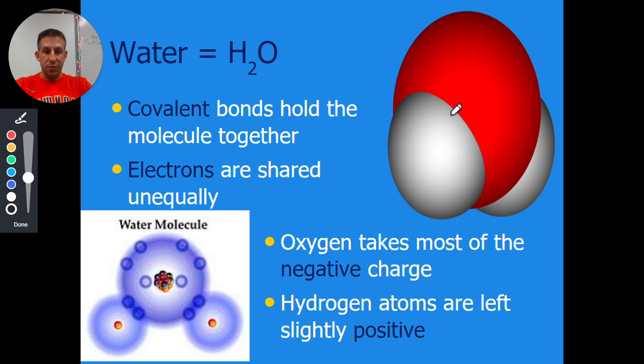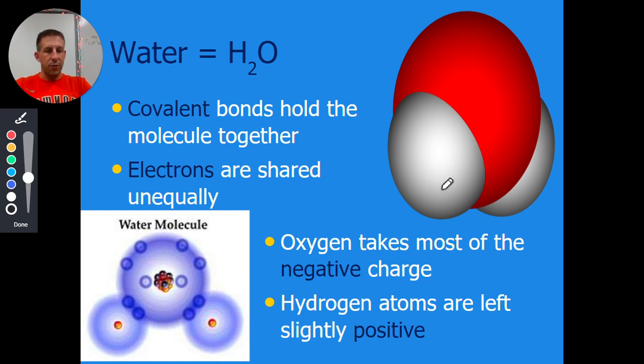And as a result, hydrogen, these little white guys down here with the Mickey Mouse looking ears, have positive charges. So when we see this covalent bond where electrons are shared unequally, it creates this situation where oxygen has a negative charge because it hoards those electrons, pulling them closer to itself as compared to the hydrogen, which doesn't. And so we have negative for oxygen and positive for hydrogen.